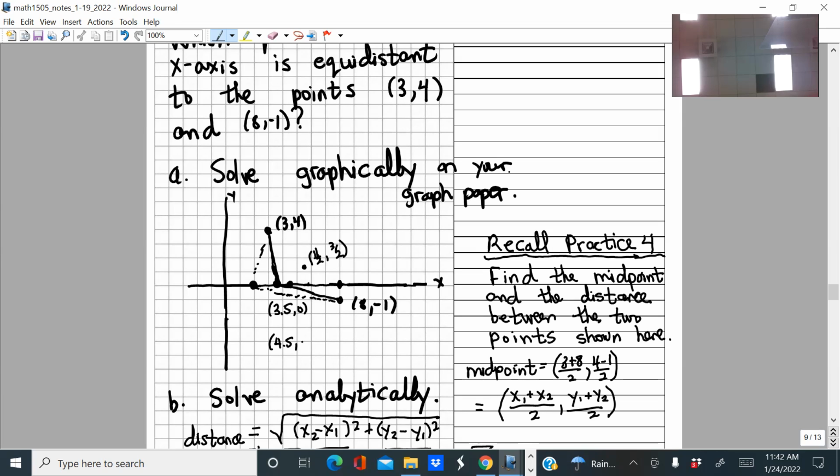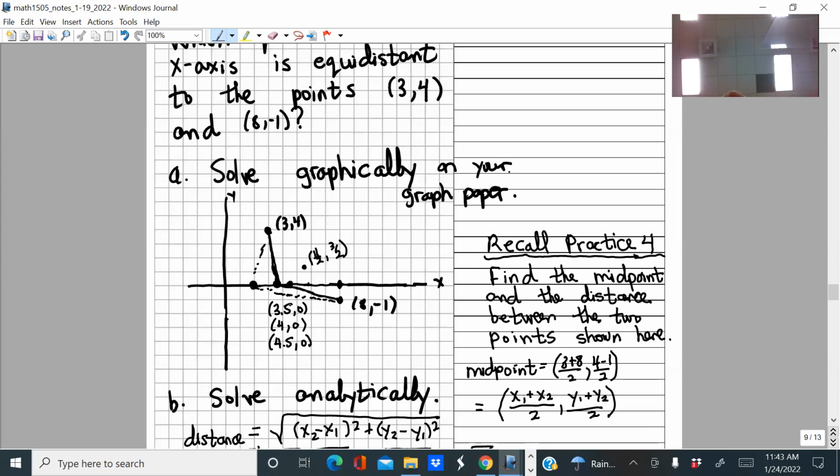Some people in the class suggested 4 and 0. Hannah's original answer is 3.5 and 0. So we're going to test this and see if any of these are right.